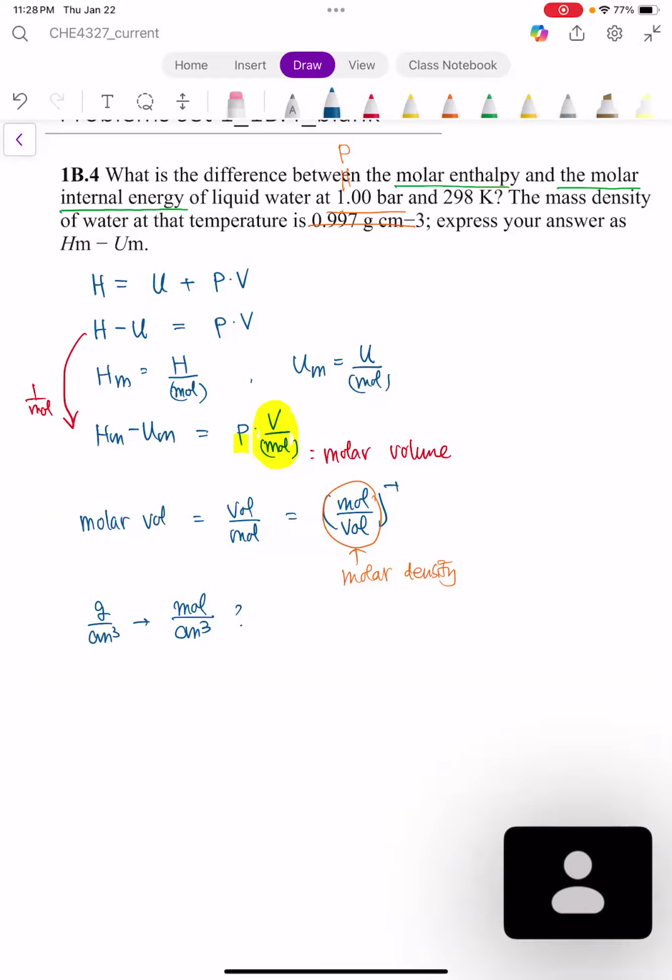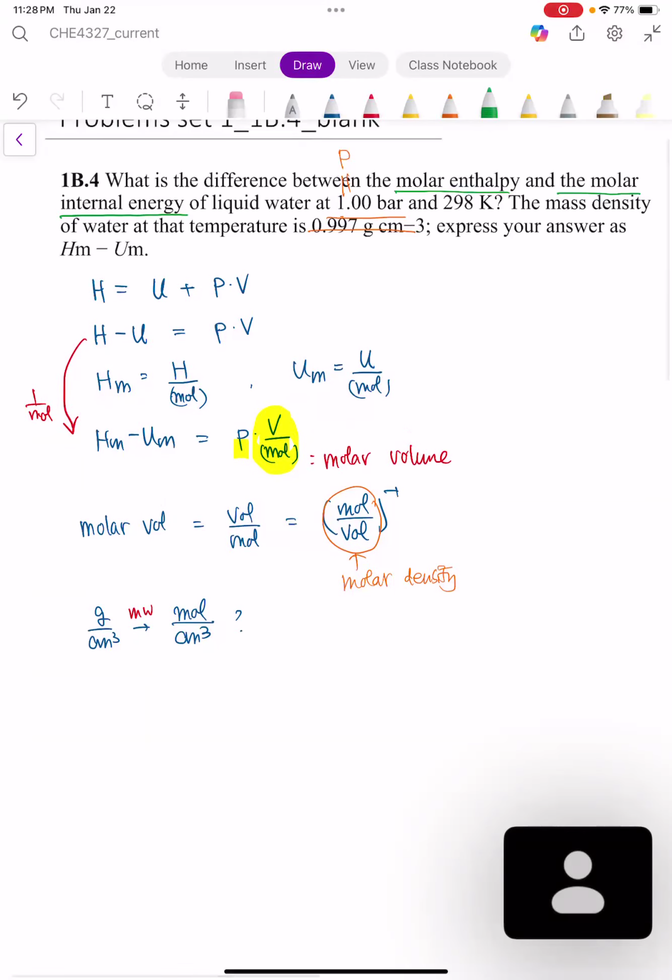And then you can see, okay, I need to convert gram to mole. What is the number you need in order to convert gram of a substance to mole of a substance? Well, yeah, it's the molecular weight. If you take this gram per cubic centimeter and divide it by the gram per mole, which is the molecular weight, basically you would get what?